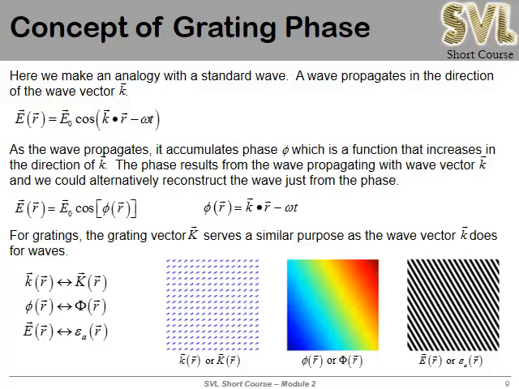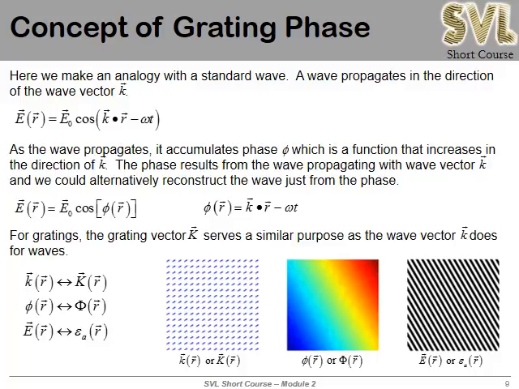And the wave vector is defined very similar to our grating vector. The wave vector is perpendicular to the planes of equal phase of a wave, and the magnitude is 2 pi divided by the period of the wave. So the grating vector was perpendicular to the planes of the grating, 2 pi divided by the period of the grating.